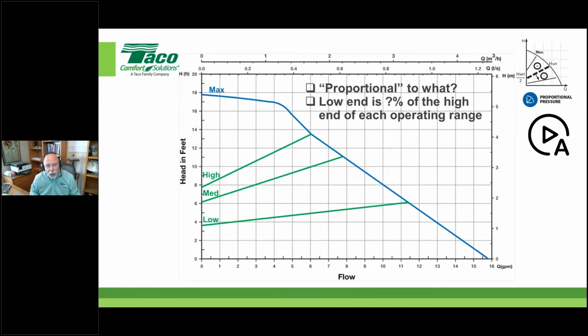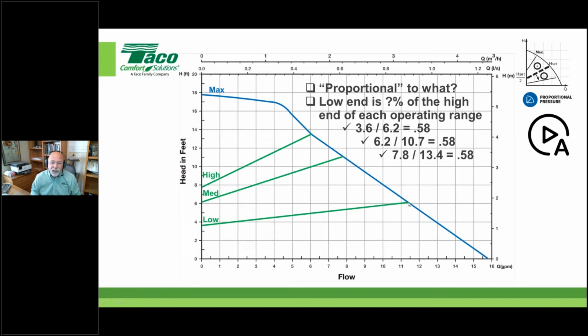Notice that the low setting at 0 GPM, we take that and we divide it by where it meets maximum speed of that circulator. We would do it here and here, here and here, and we would come up with a number. Guess what? If I start doing that math and all of those results are really close to the same, in this particular case, it's 58%.